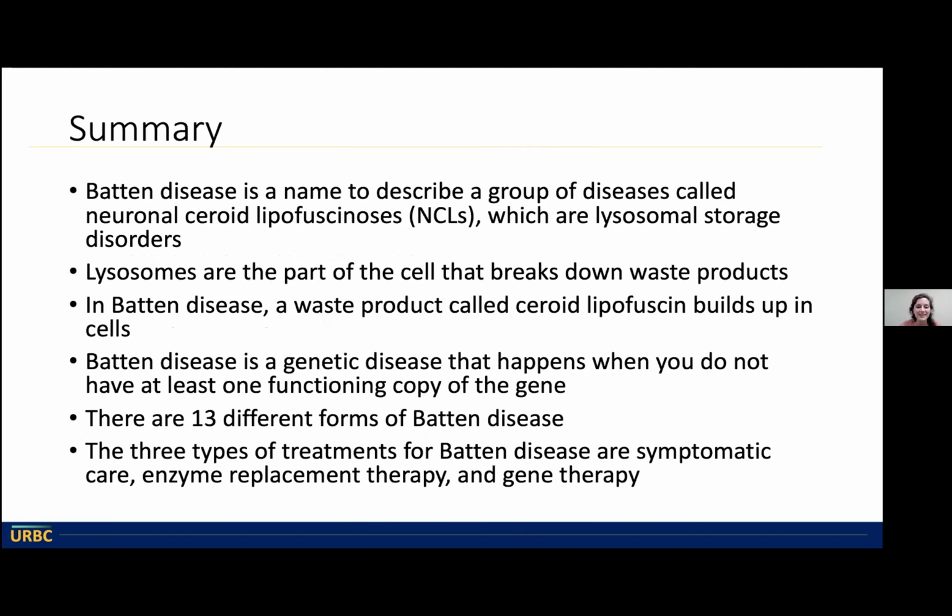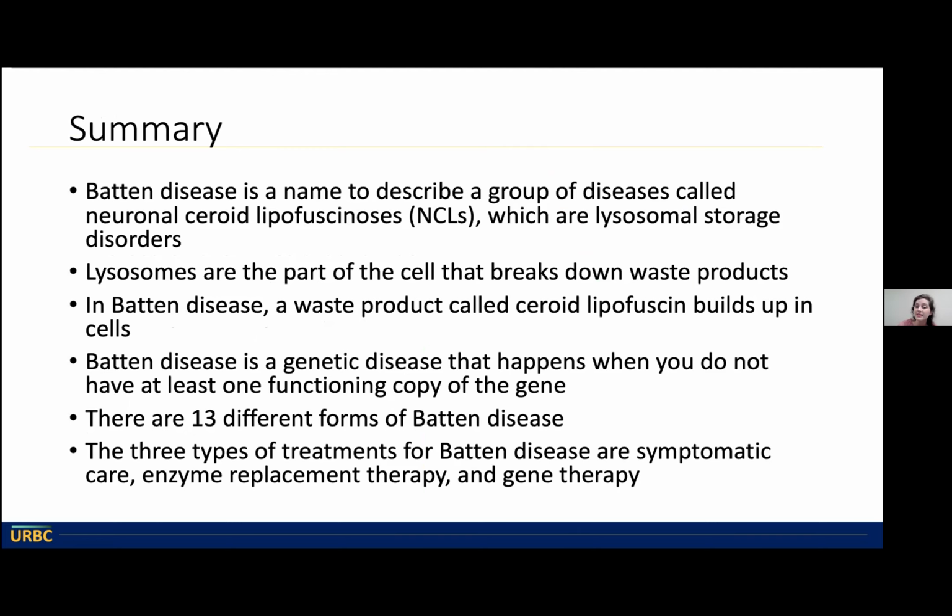In summary, the things that we talked about today. We learned that Batten disease is a name to describe a group of diseases called neuronal ceroid lipofuscinoses, or NCLs, which are lysosomal storage disorders. We learned that the lysosomes are the part of the cell that breaks down waste products. In Batten disease, a specific waste product called ceroid lipofuscin builds up inside cells of the brain.